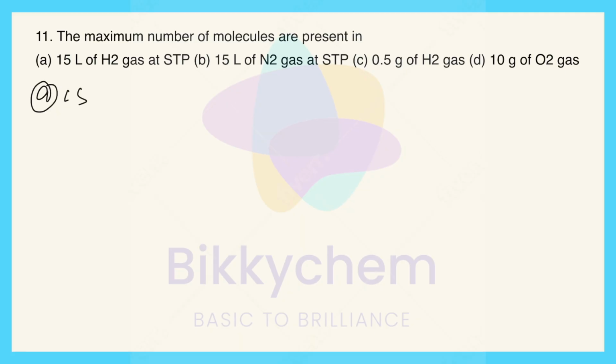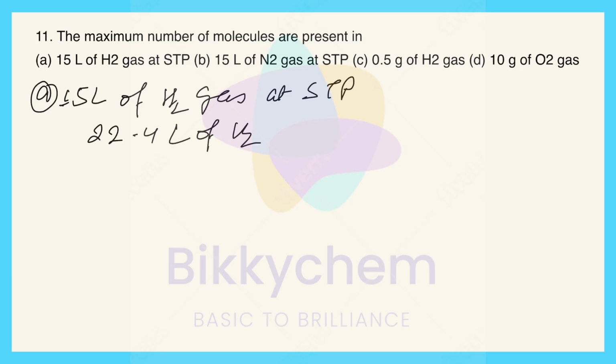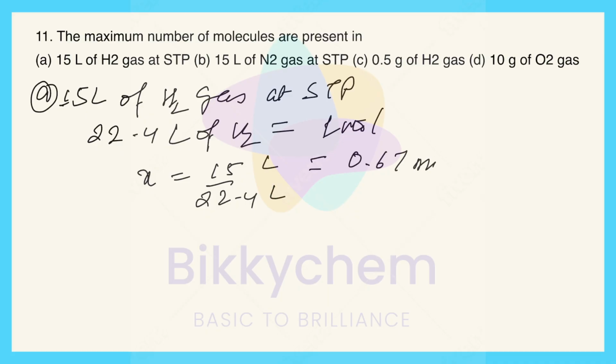So let's see, first, 15 liter of H2 gas at STP, that is 22.4 liter of H2 is equals to 1 mole. That means X can be 15 by 22.4 liter, which is equals to 0.67 mole into Na in terms of molecule.